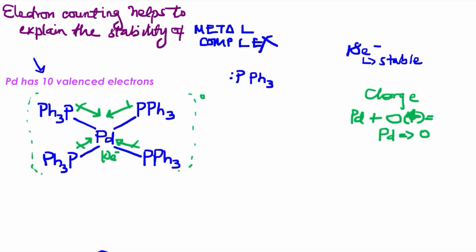Since palladium has 10 electrons, the 4 ligands are donating 2 electrons each, and that plus the palladium total number of electrons, which equals 10, gives us a total of 18 electrons. So the number of electrons in this particular metal complex is equal to 18.